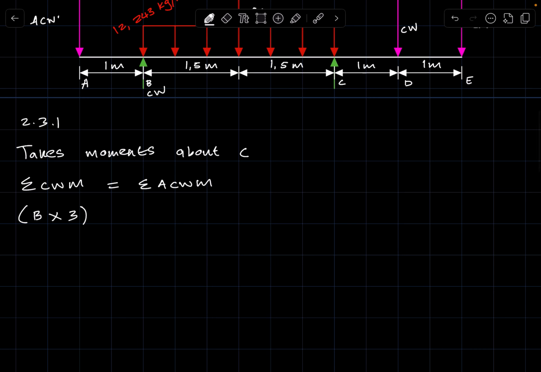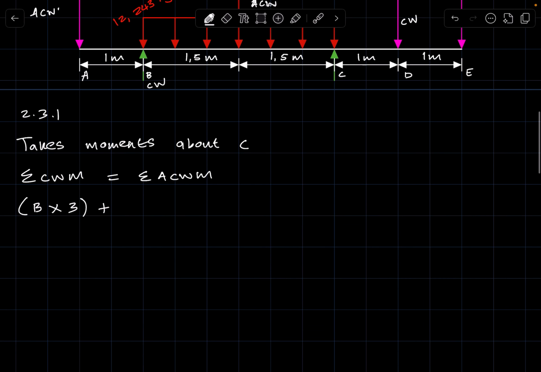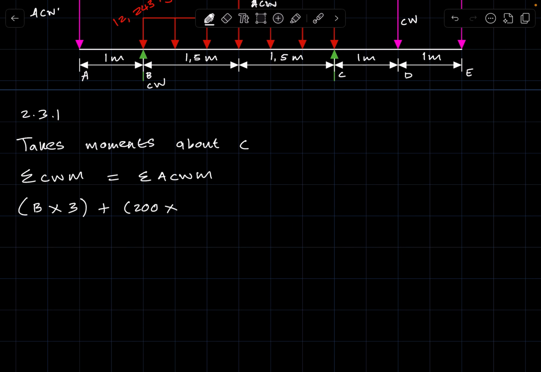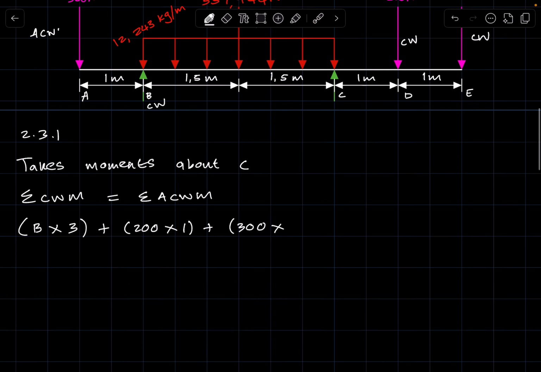So this times 3, plus the next force going clockwise, the 200. So this will be 200 times the distance between 200 and point C, that's 1 meter. So this will be 1, plus the 300. Remember the 300 is also having a clockwise turning effect. So 300 times this distance, which is 2 meters.